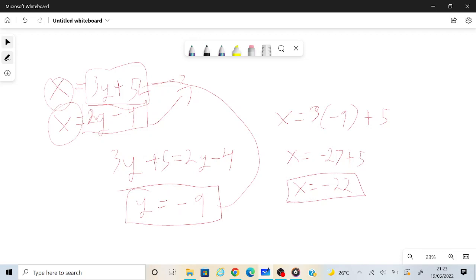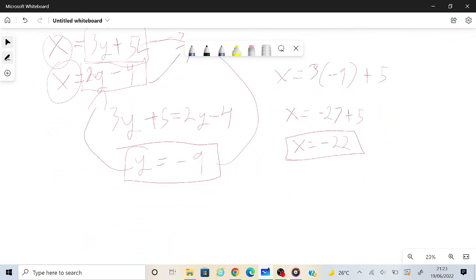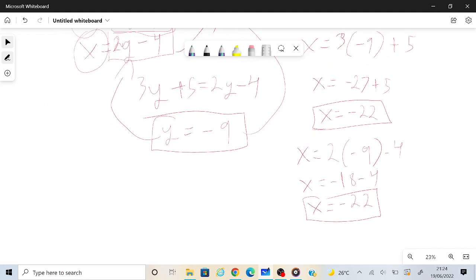And just to confirm your answer, you can also put this value into this equation. So then you would have x is 2 into minus 9 minus 4. X is minus 18 minus 4. X is minus 22. So this shows that we have the same answer and we are correct.